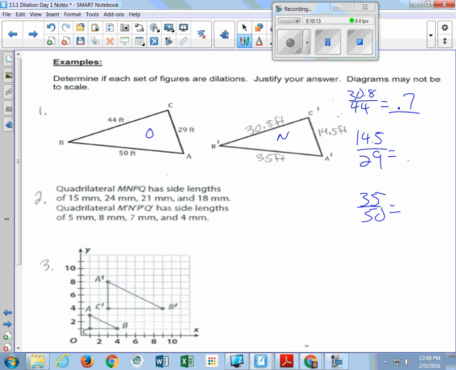Plug that in, you get 0.5. Plug the next one in, you get 0.7. So, are all three equal? No. This one here is not equal to the other, so this is not a dilation.